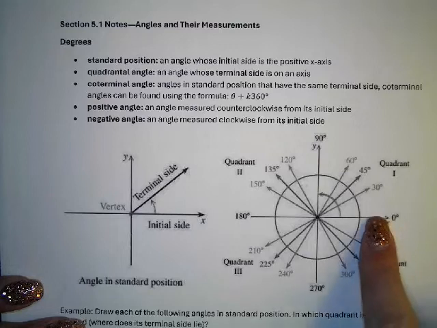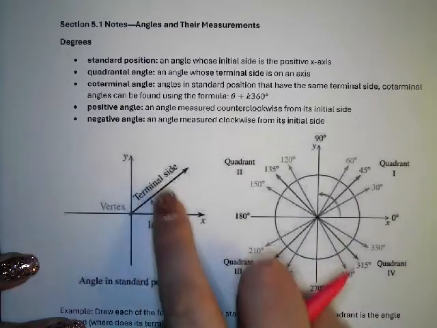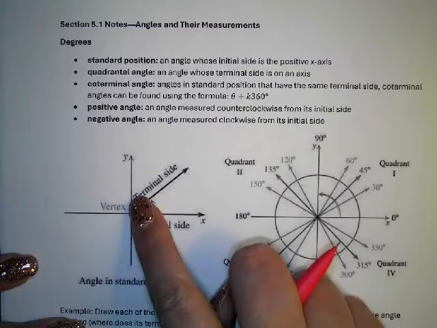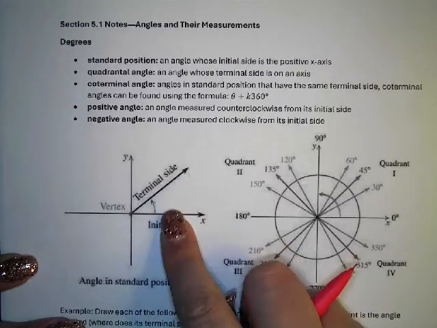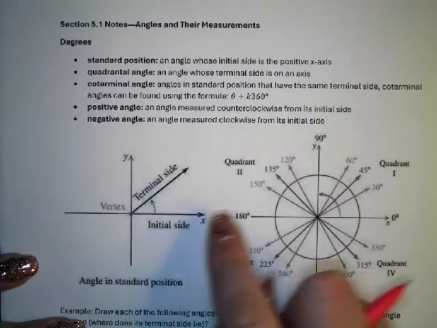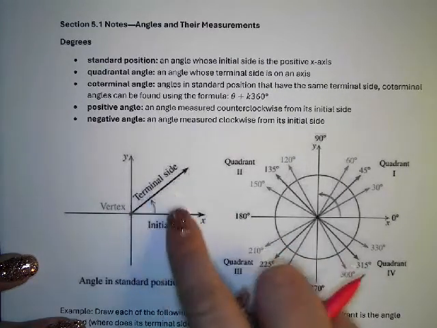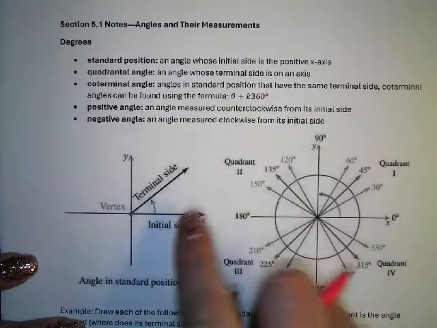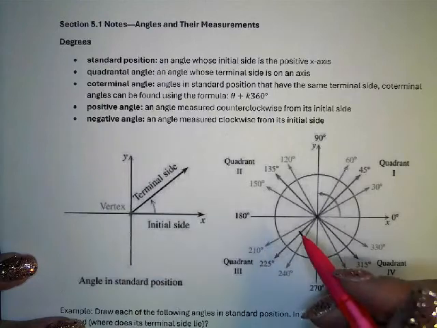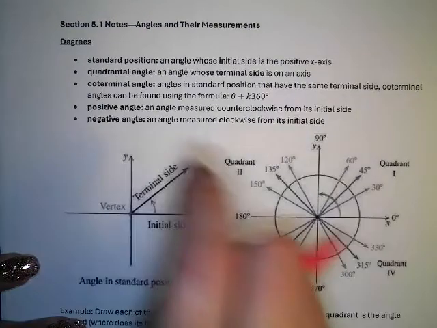The 360 is not labeled, but a full circle would be at 360 degrees. So we have the initial side over here, and then the terminal side is kind of the ending side, and you measure the angle between the two sides. Knowing the difference between these two is not as big of a deal, but it's good to know in case you see formal math vocabulary.